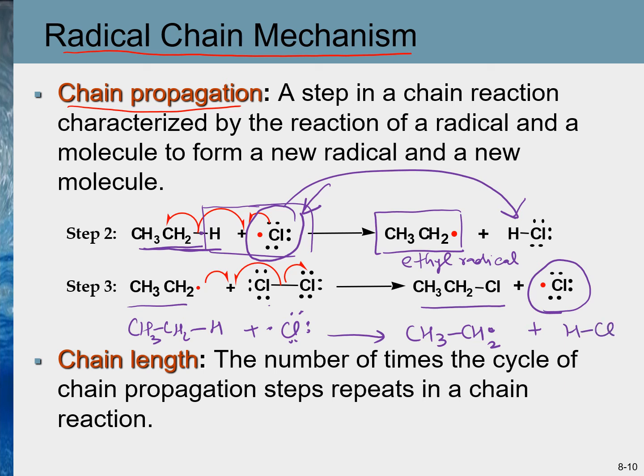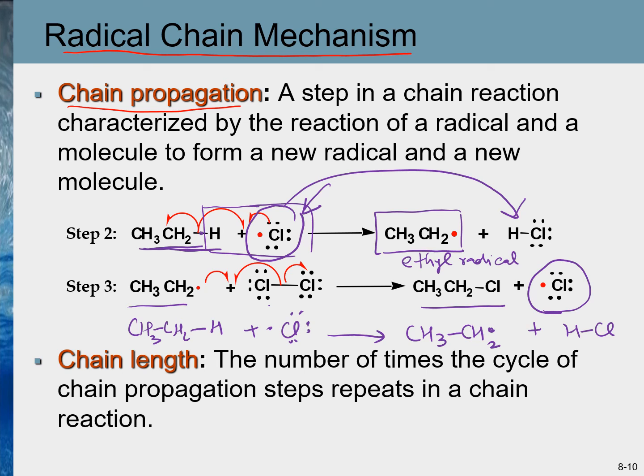So as you can see, the chain propagation step will continue for quite a while, because each step will create a new radical, and that new radical will cause a new reaction step, resulting in formation of a new radical.